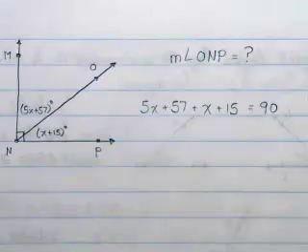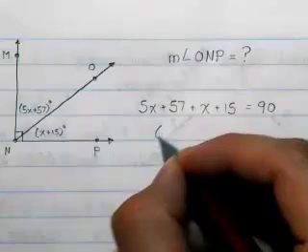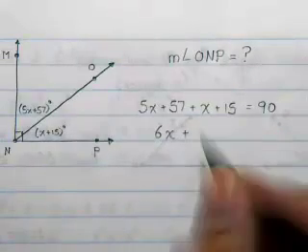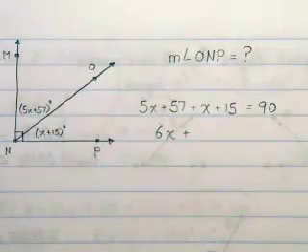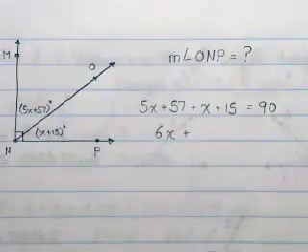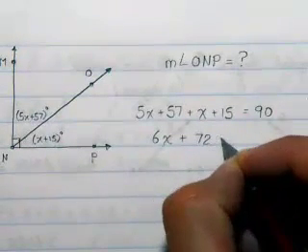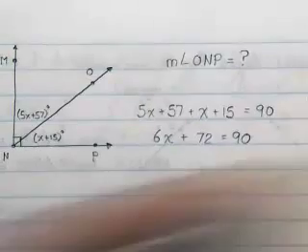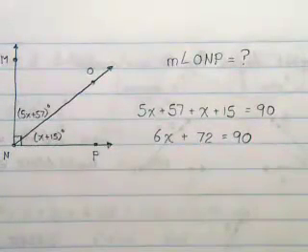So, how do we solve this equation then? Somebody give me a good first step? Yeah? Add some like terms. Good. All right. So 5x plus x, 6x, 57 plus 15 would be 72. Okay, somebody else? Get me through the rest of this thing.